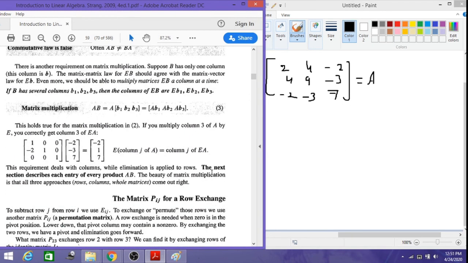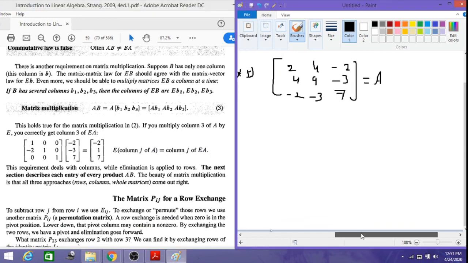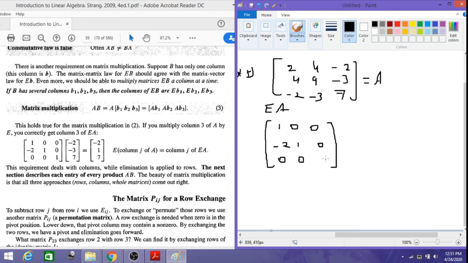So now what we'll do is that we will take our elimination matrix and multiply. I'll just take one of these columns and multiply with our E matrix. So let us see this E into A, our elimination matrix, that is nothing but 1, 0, 0, this is minus 2, 1, 0, and this is 0, 0, 1.